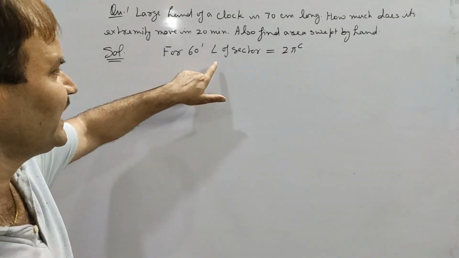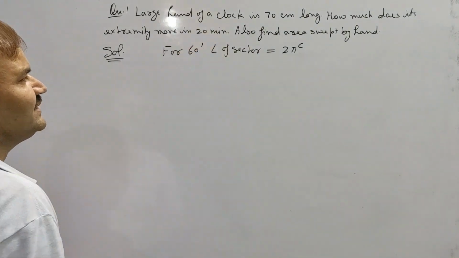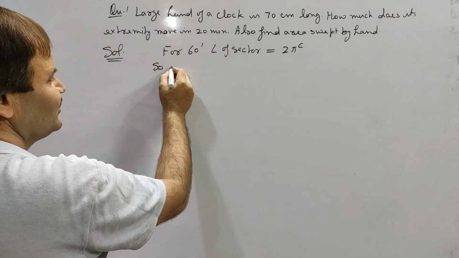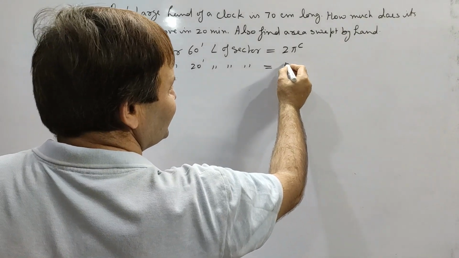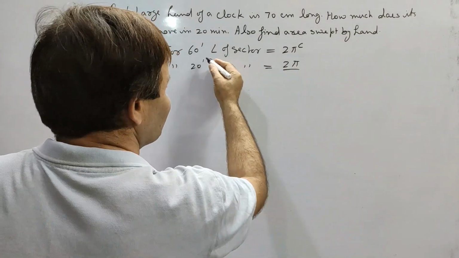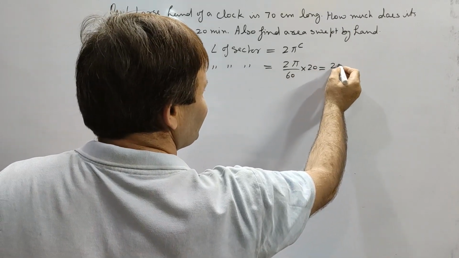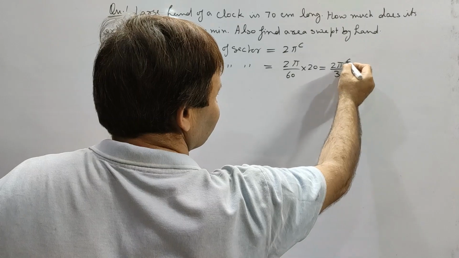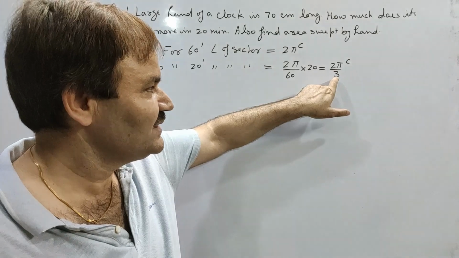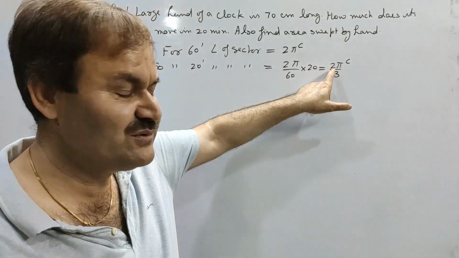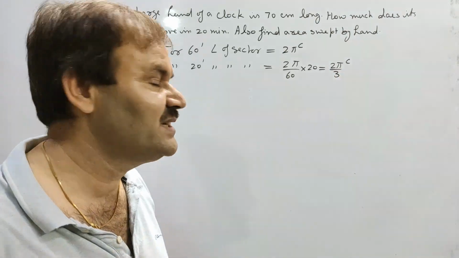So for 60 minutes angle subtended will be 2 pi radian, and for 20 minutes angle of sector will be 2 pi by 60 into 20, that is 2 pi by 3 radian. Pi radian is 180 degree, 180 by 3 will be 60, 2 is 120, so we may write it in degree measure also, it will be 120 degree.